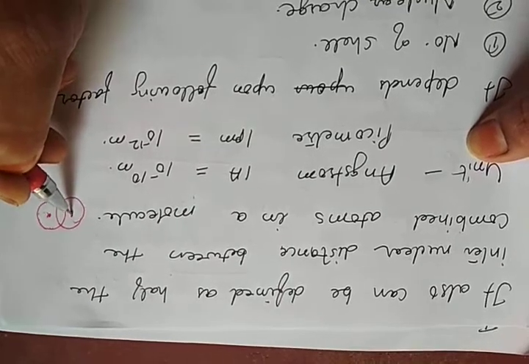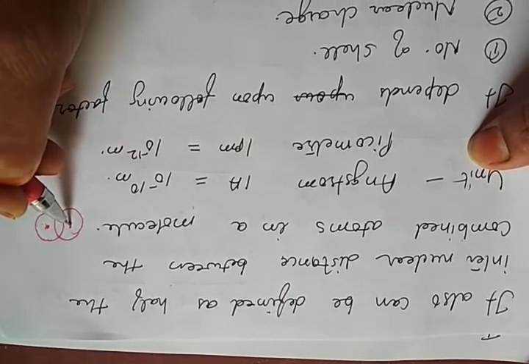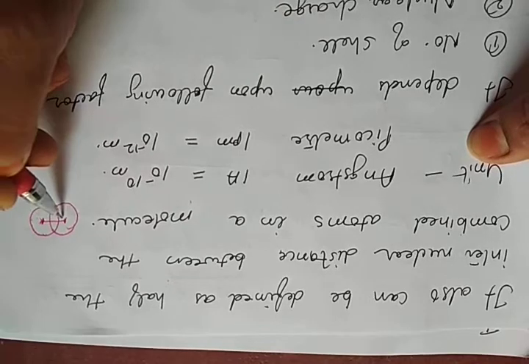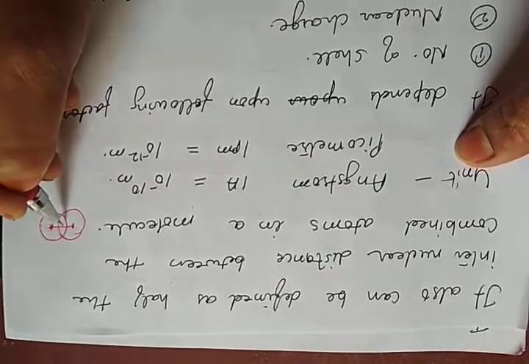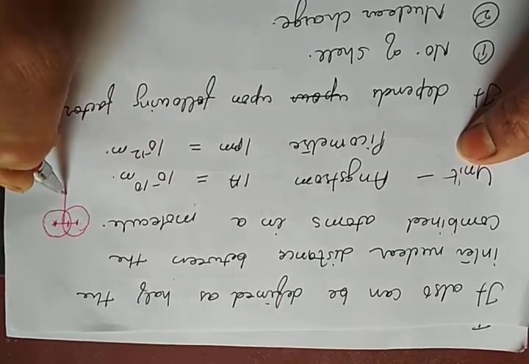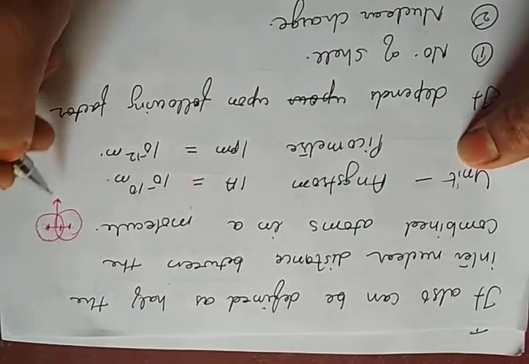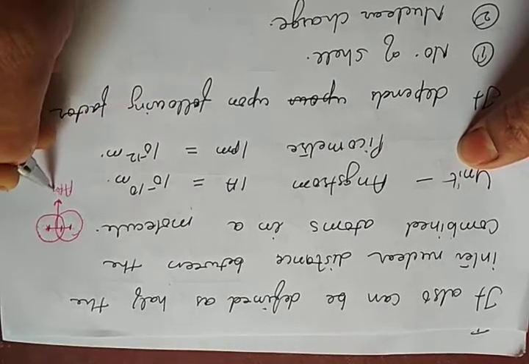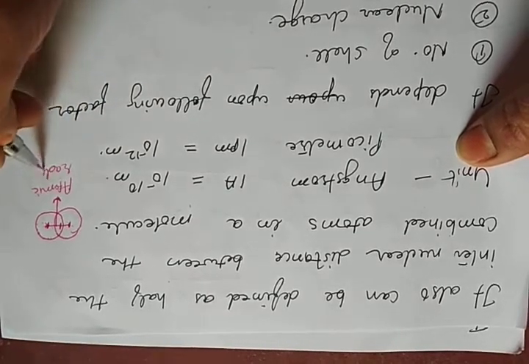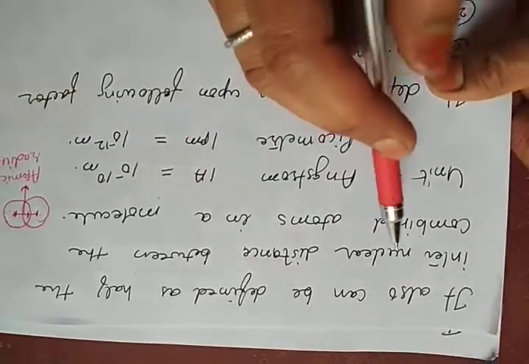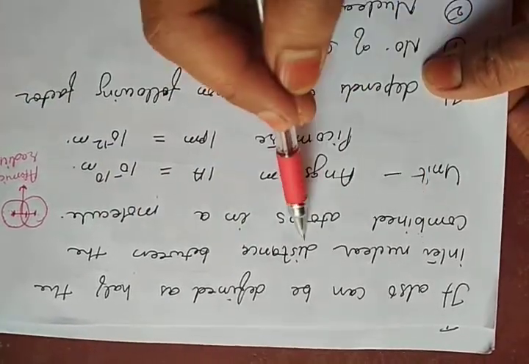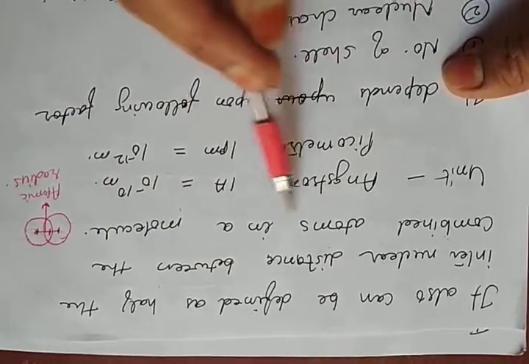Now from one nucleus center to the other nucleus center, this distance is called the internuclear distance. Half of this internuclear distance is called the atomic radius. So in a molecule, we can define it as half the internuclear distance between the combining atoms in a molecule.